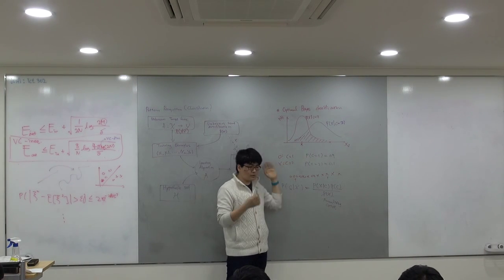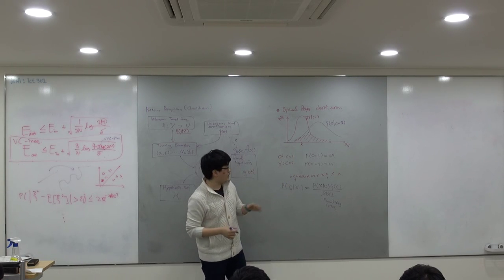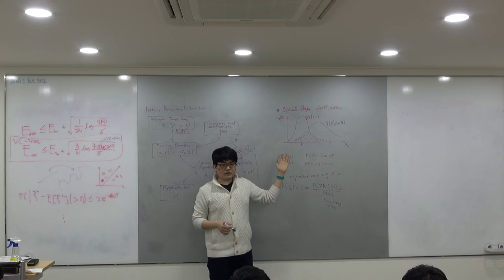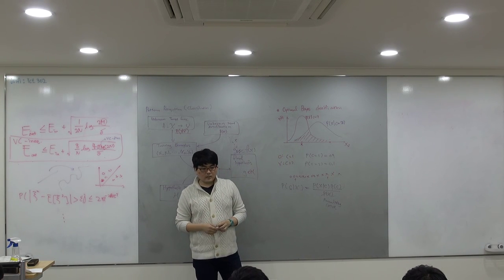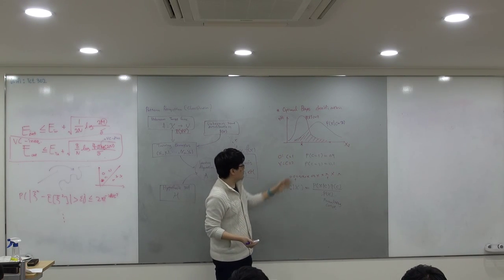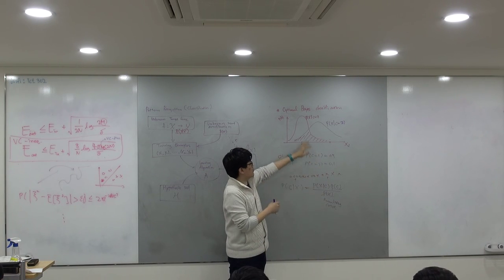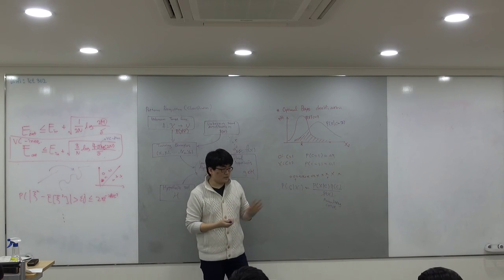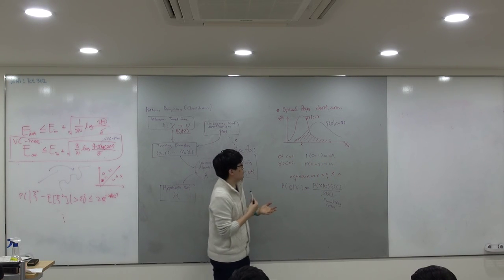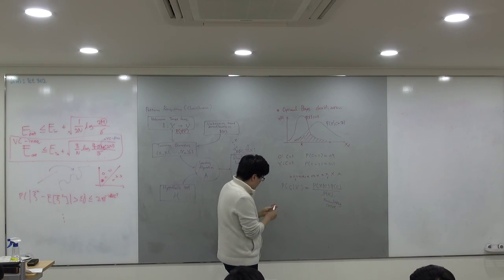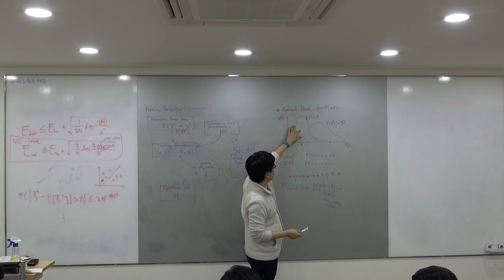If you know this distribution, you have the optimal classifier. It's theoretically optimal. No model can do better than this. But the problem was we don't know this distribution.